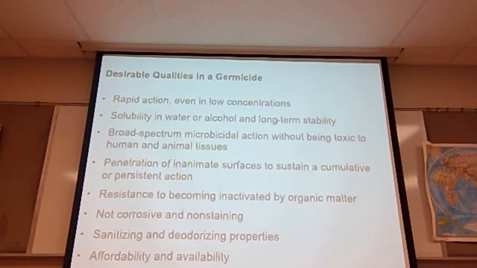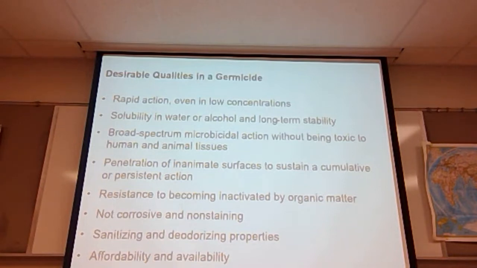It should have a broad spectrum of microbial action without being toxic to humans and animals. In other words, you should be able to put it on your countertops without blistering your skin, or, if your dog happens to wander by, causing them problems. It should penetrate inanimate surfaces to sustain a cumulative or persistent action. In other words, it should be able to go into fabrics and carpets and those kinds of things.